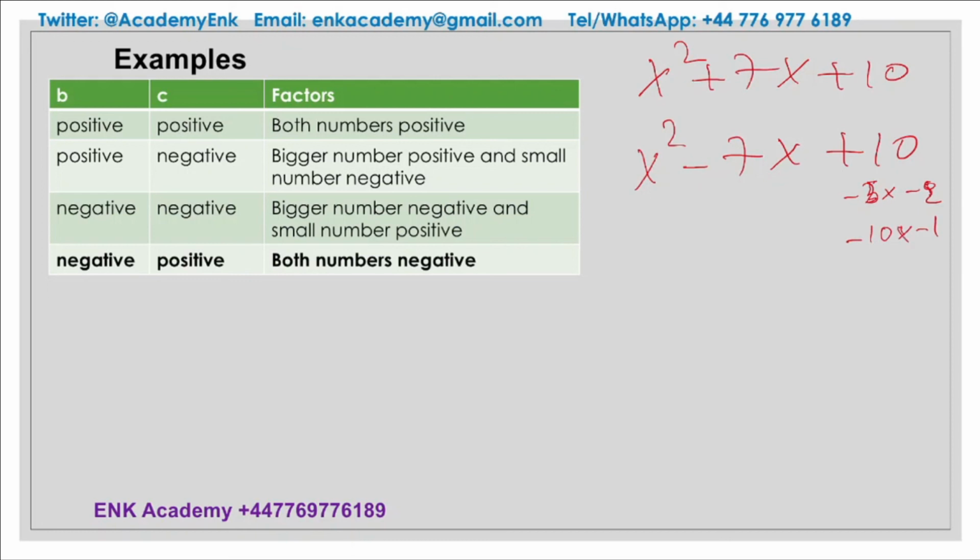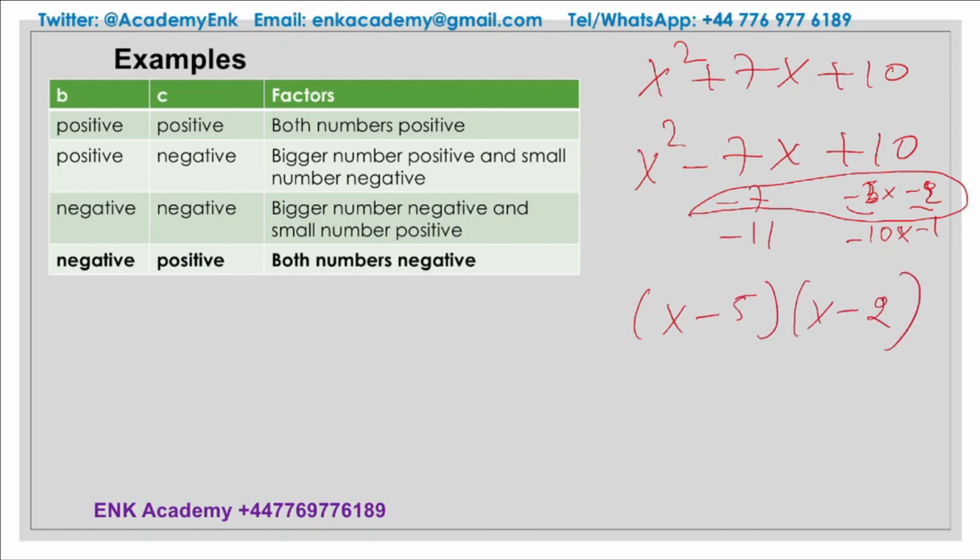As we see, minus 5 plus minus 2 is minus 7, minus 10 minus 1 is minus 11, so our expression is x minus 5 times x minus 2. This is how you factorize expressions.